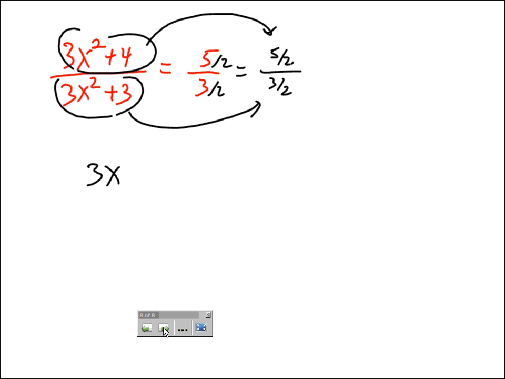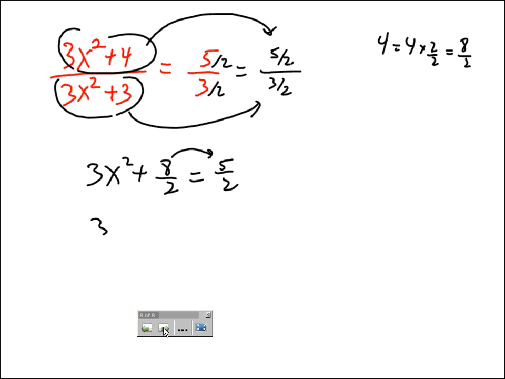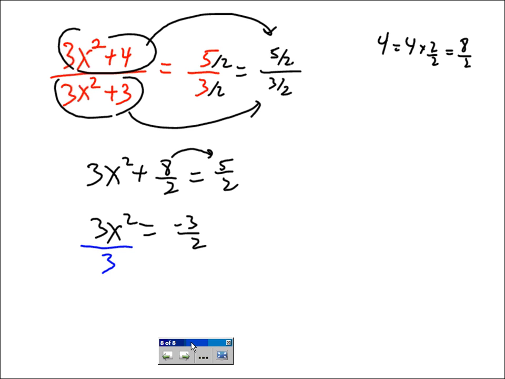So 3x squared plus, now when it comes to 4, I'll multiply it by 2 over 2, multiply by 1, so now I have a 2 on the bottom, just like the right hand side. Bring those over, you have 3x squared is negative 3/2. The left side is very friendly to divide by 3. That gives me x squared.